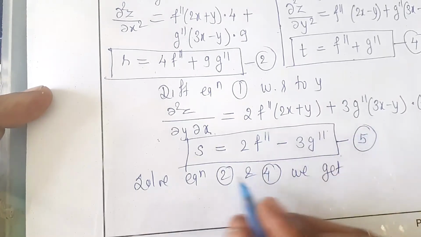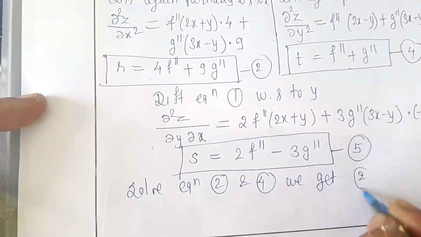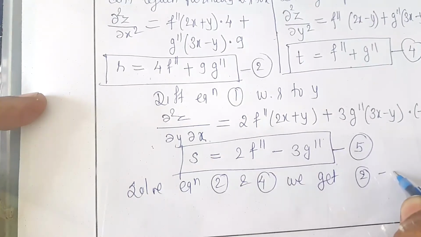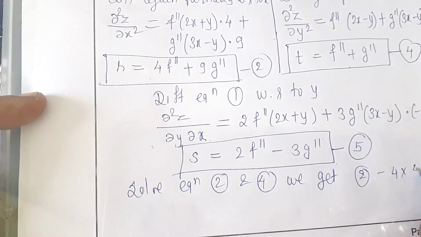See how to solve. We write equation 2 as it is, and we subtract 4 times equation 4.